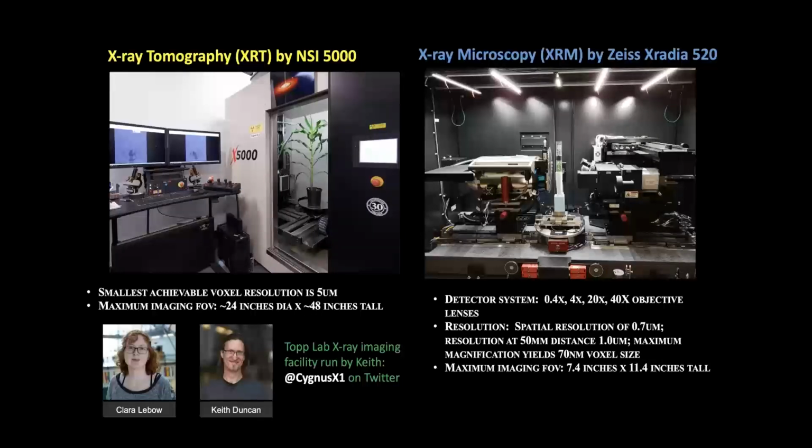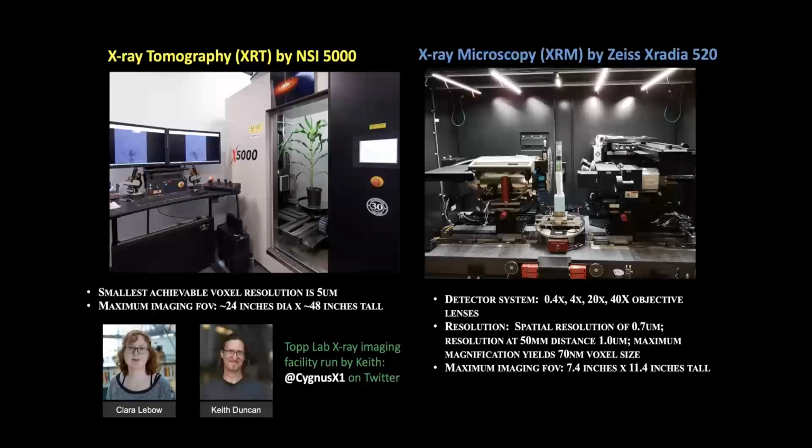And unlike a medical scanner, where the detector and the source go around in that big donut to a patient lying horizontally, this has a 90-degree orientation. So basically we spin the sample instead of the detector and the source, and we can image over a 2 by 4 foot region. That would be an enormous scan. We don't do that very often, but theoretically we could in the system.